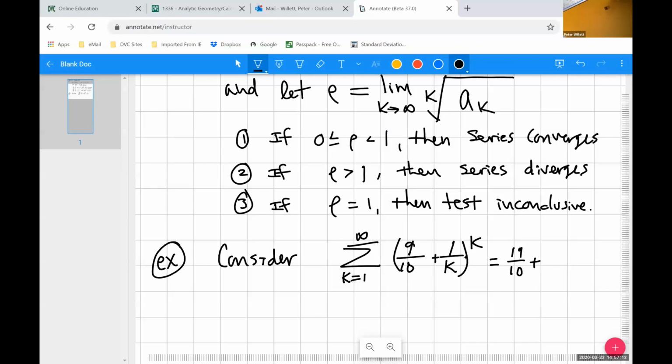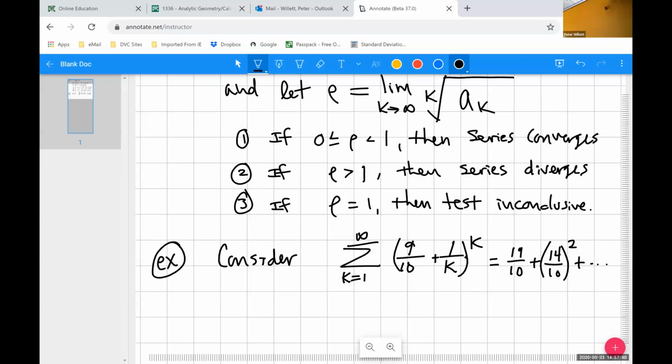When k is 2, we have 9/10 plus 1/2. 1/2 is 5/10, so that would be 14/10, then raised to the power of 2, so that would be squared, etc. So this is kind of an ugly looking thing.